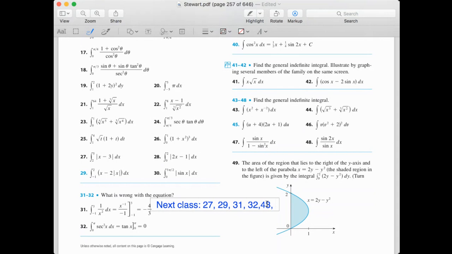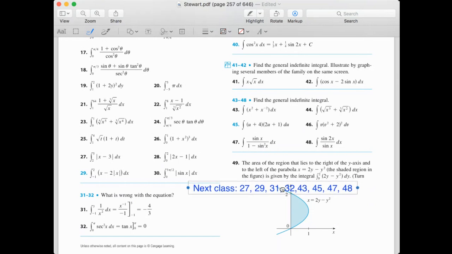For indefinite integrals, we add C to the end. 45, 47, 48. Okay, I'll leave this couple.